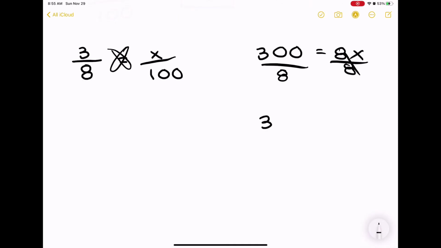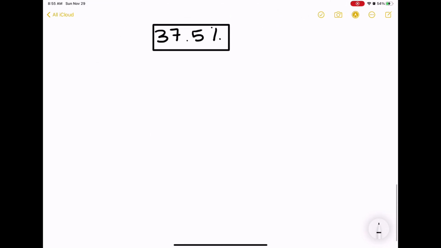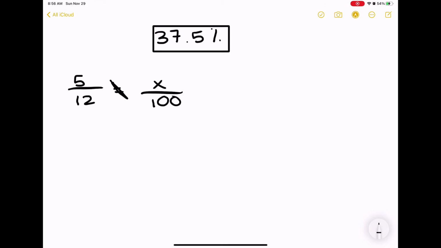If you don't understand what I mean, just look. So we have 37.5%. Well, that is still a percentage, but it has a decimal number, and there's nothing wrong with that. So as you can see, it's fine to have a decimal or even a fraction in the percentage.